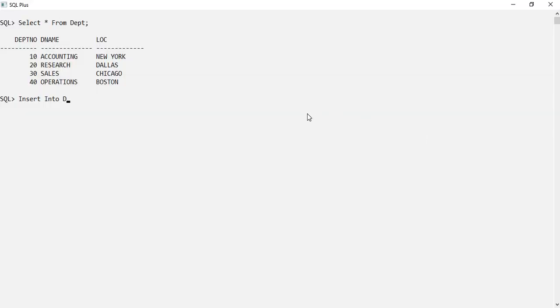So into DEPT, okay, values. Now you have till 40. I am trying to enter 50, and my department will be HR, human resource, okay, and my location will be India.